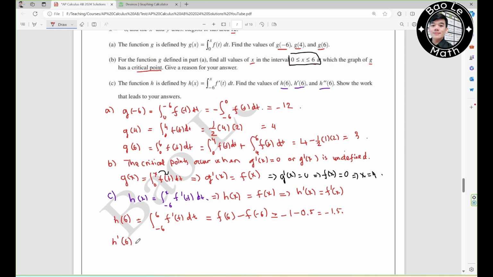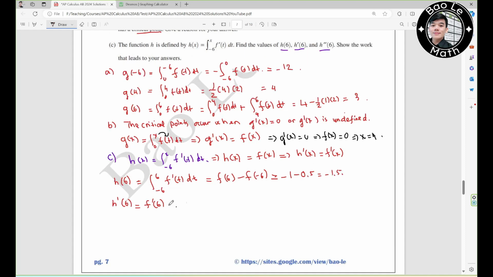Now h prime of 6 equals f prime of 6. f prime of 6 is the slope of the tangent line of f of s at s equals 6. Alright, so we have h prime of 6 equals f prime of 6 equals rise over run, evaluated at s equals 6.